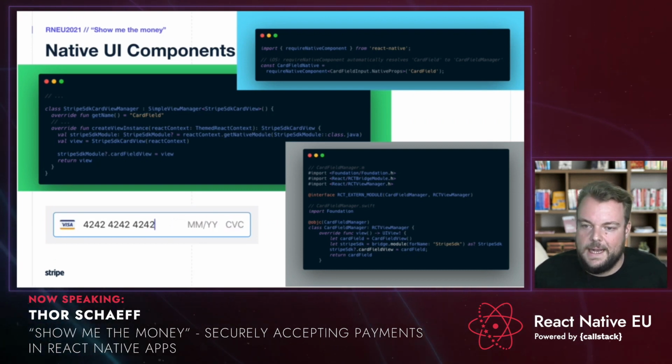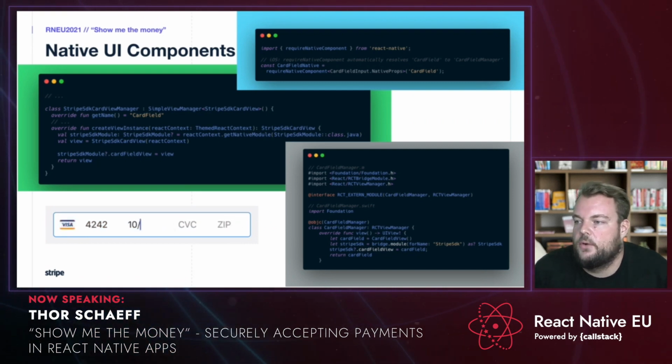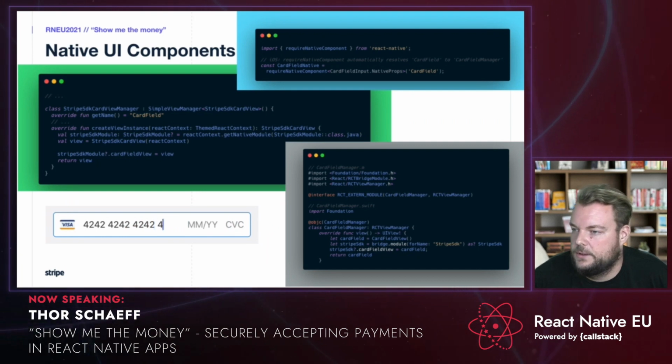So that's really how we can ensure the security of this. And then here you can see this is our card field component. So we're utilizing requireNativeComponent in our React Native component implementation.